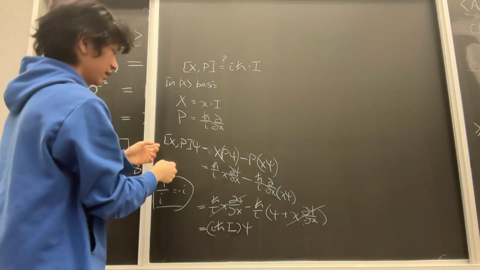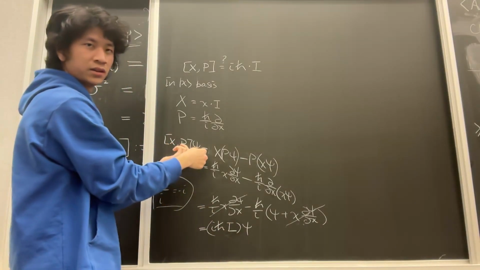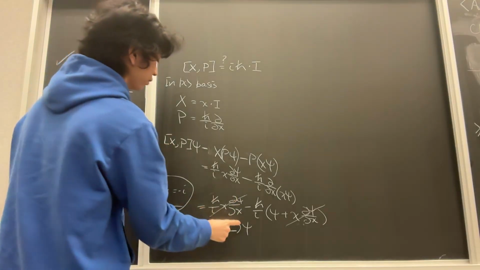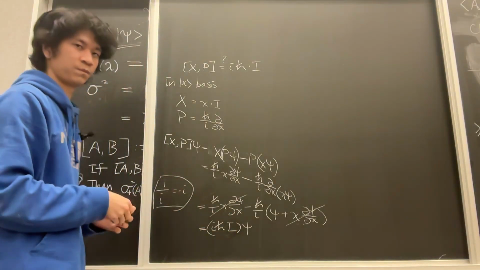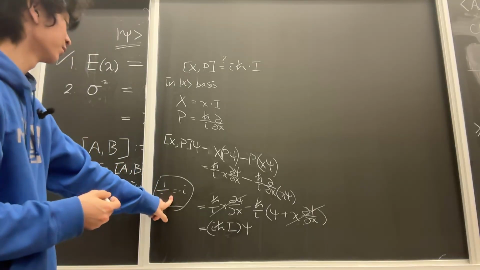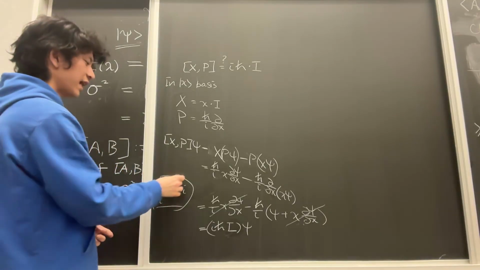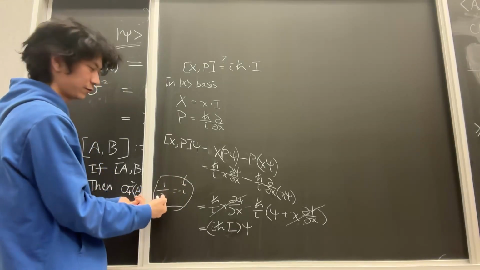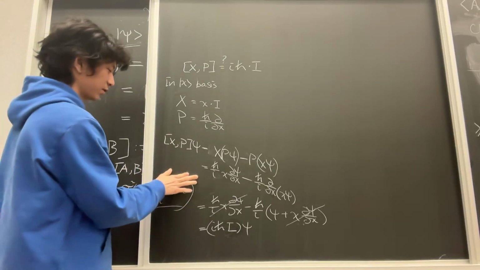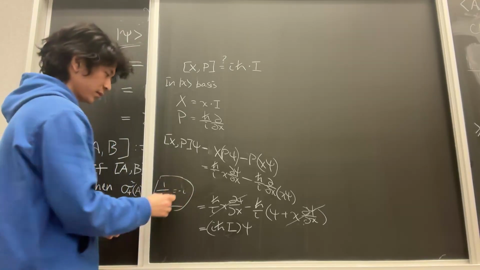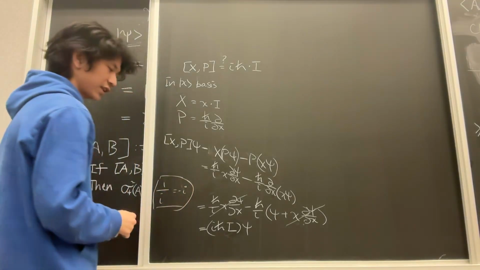So since psi was arbitrary, we conclude that the operators are equal, so the commutator equals i h bar. This thing is actually a pretty interesting fact, which says that the additive inverse equals the multiplicative inverse, which is something cool in complex numbers. Yeah. Just a side note.